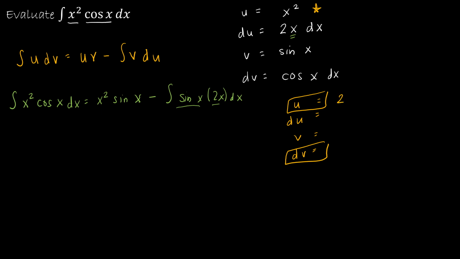I'm going to do that again. So this is going to be 2x, and this is going to be sine of x dx. And so the derivative of u is just 2 dx. And the antiderivative of sine of x dx is negative cosine of x.